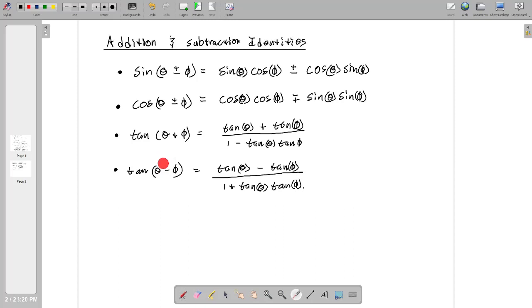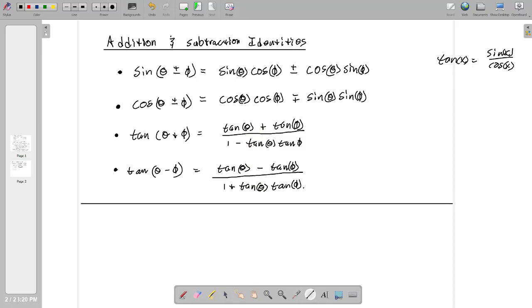Now, these two I'm not going to prove. Very easy to show. It's a lot of algebra, but you just do sine over cosine just like normal, remembering that tangent of x is equal to sine of x over cosine of x. If you just replace your x with theta plus phi or theta minus phi, you can simplify to one of these.